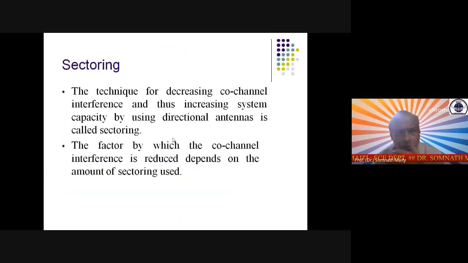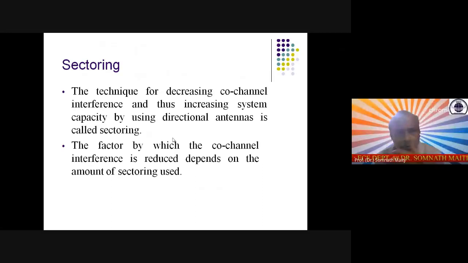Sectoring is another technique to decrease co-channel interference, thereby increasing capacity, by using directional antennas. This is called sectoring. Rather than splitting the cell, you can use directional antennas, because normally for cells an omnidirectional antenna is used. Omnidirectional means it radiates and receives signal equally in all directions.